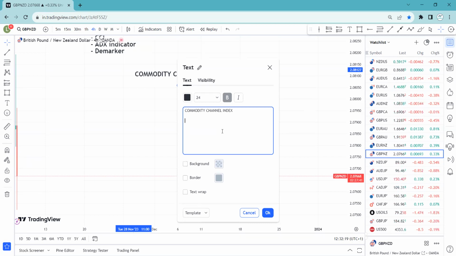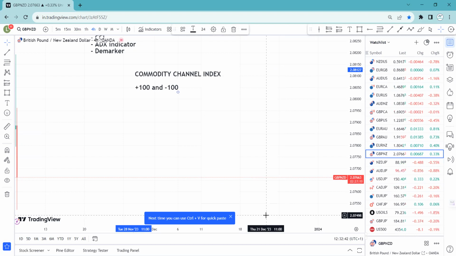And of course, the axis that this moves is the positive 100, all right? And of course, it also moves between the negative 100, okay?